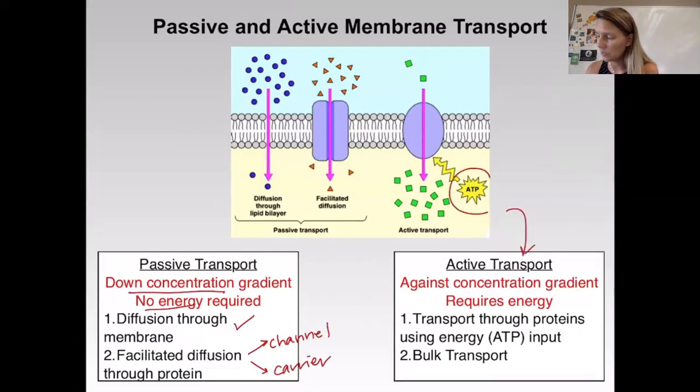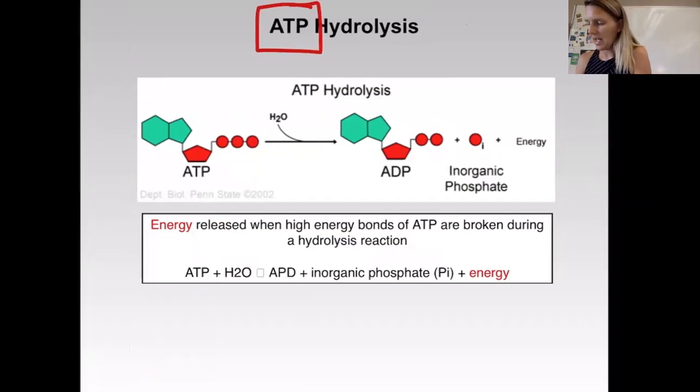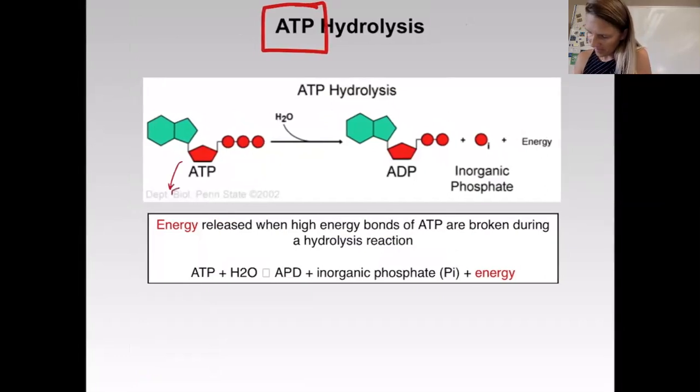Again, when you think of active transport, you should think of ATP. You should also think of going against the concentration gradient. So again, when you think of this, you should think of our good old friend nucleotide, ATP, right? Remember nucleotides have a 5-carbon sugar.